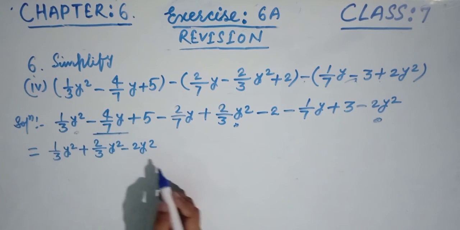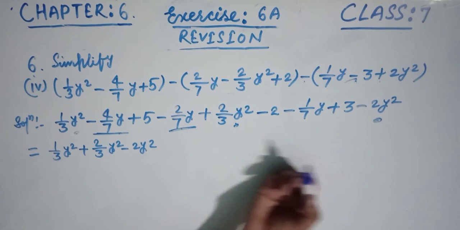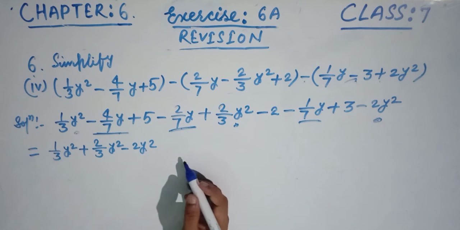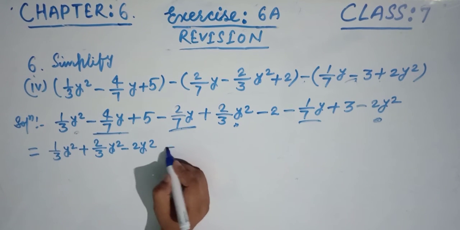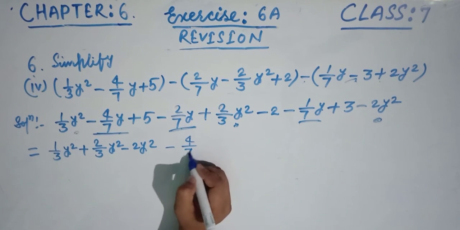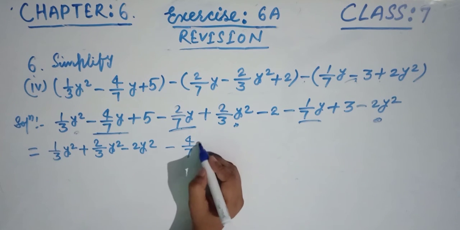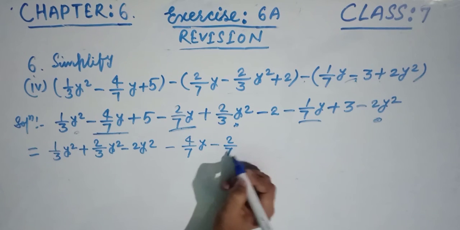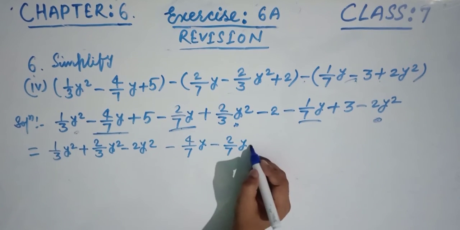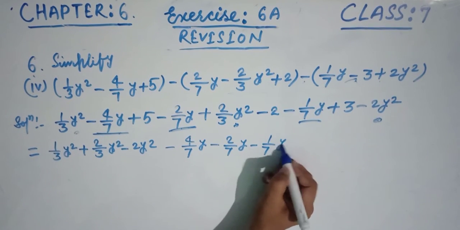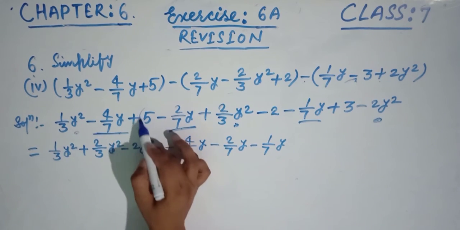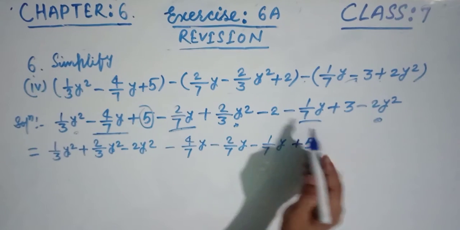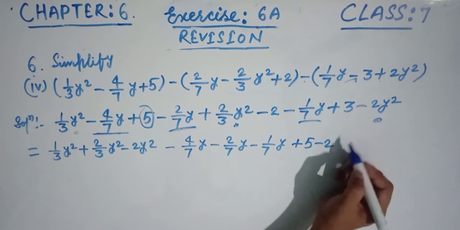Bring all the y terms together: minus 4 by 7y, minus 2 by 7y, and remember, minus 1 by 7y. Now the constant terms are 5 plus 5, and next minus 2 and plus 3.